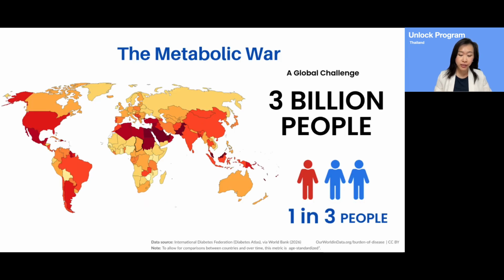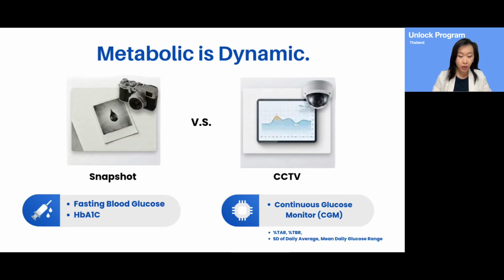Metabolic disease continues to rise globally, yet many high-risk individuals remain undetected until diabetes is already established. One important reason is that metabolism is dynamic. However, conventional tools such as fasting blood sugar and hemoglobin A1C capture only a single moment in time.